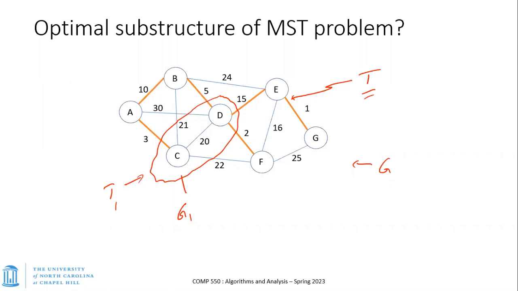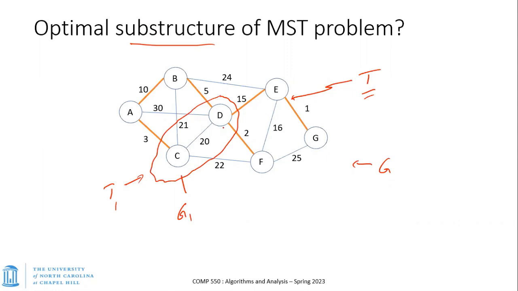Now, what you've done is you've taken a part which is any portion of T. Okay. So essentially, this is a structure of the original T. Okay, so you have to take a substructure of the MST and see if that is an MST of that part of the graph.